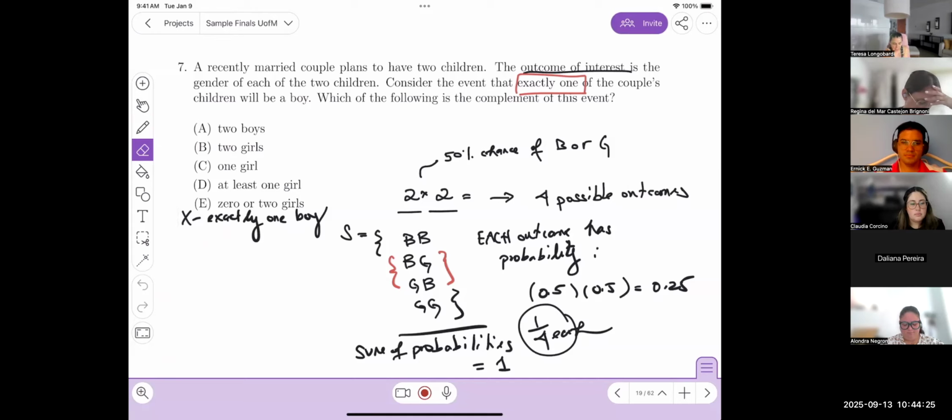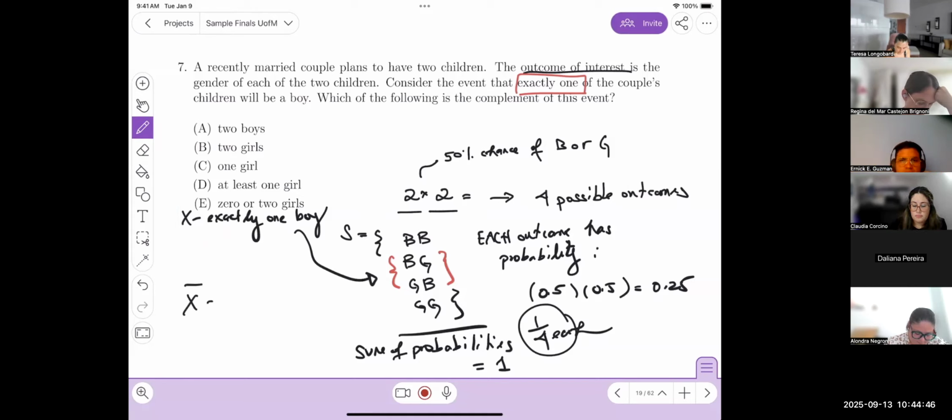If it's exactly one boy and that's those two in the red, what is the complement of that? It's the other ones. 2 boys or 2 girls. Got it? So I would write the complementary event is the same gender.